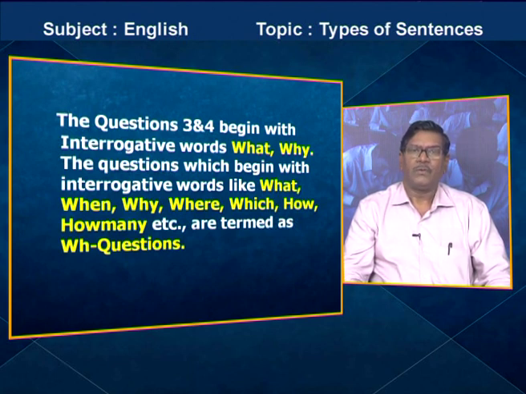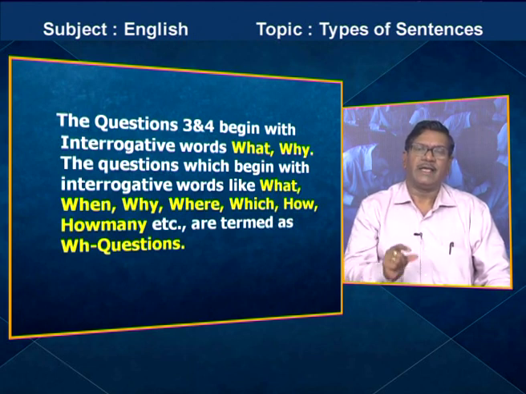What, when, why, where, which, how many, like that. They are all interrogative words. The questions that begin with interrogative words are called wh questions. So, yes or no questions and wh questions: two types of interrogative sentences.